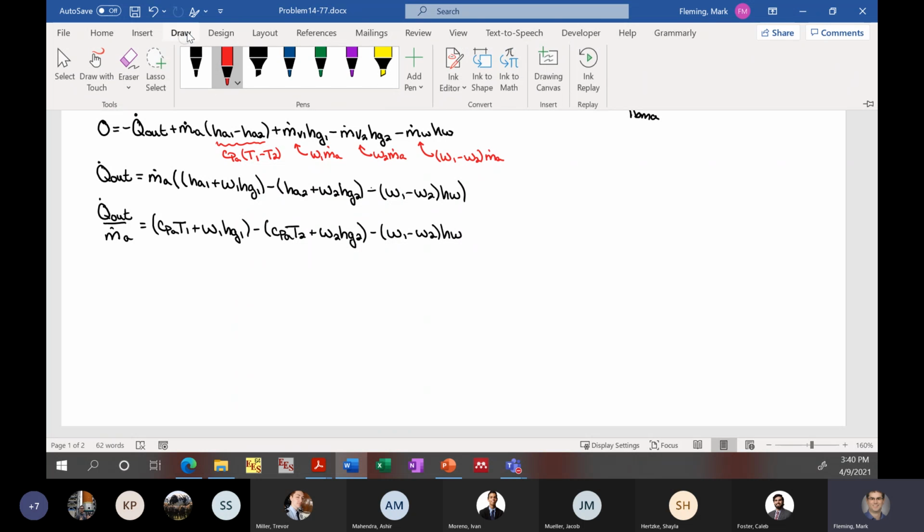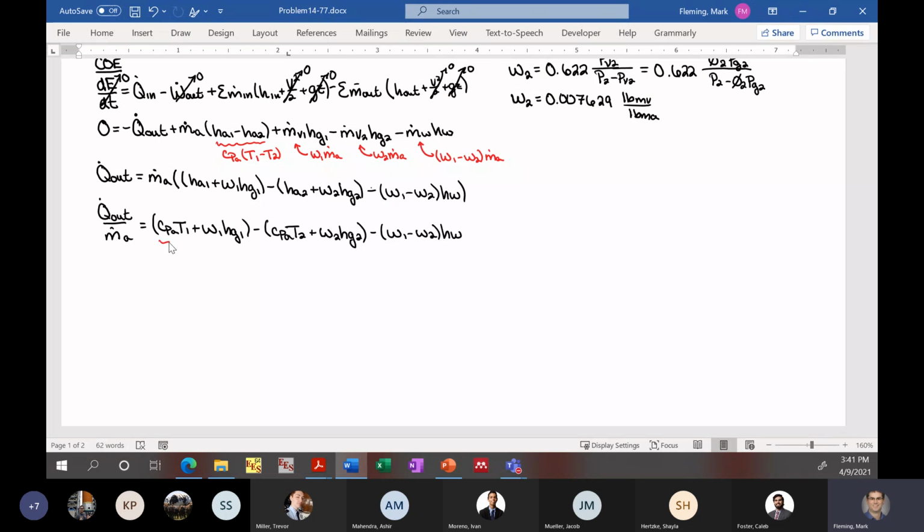Now what we're going to say is that this combined parameter right here was all done per unit mass of dry air. So that's the mixture properties per unit mass of dry air, the mixture enthalpy per unit mass of dry air at states 1 and 2. And again, what we're going to note here is the enthalpy as we've defined it.